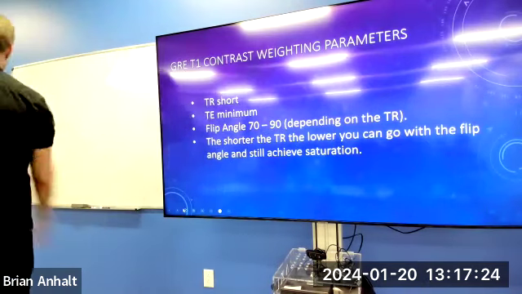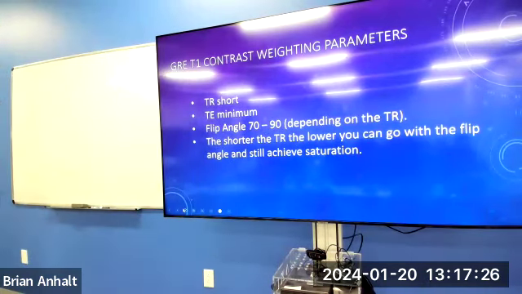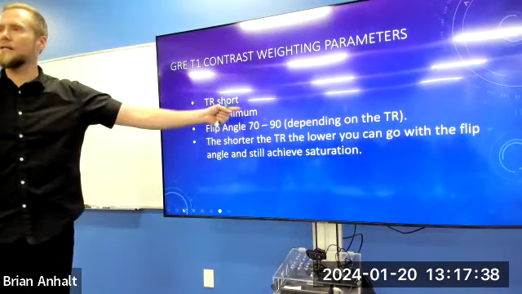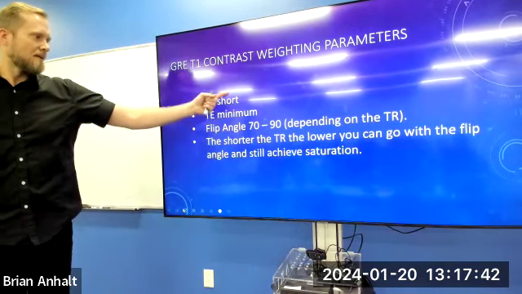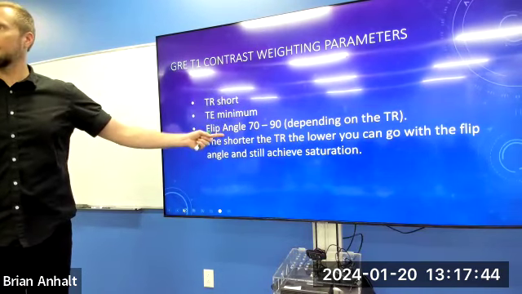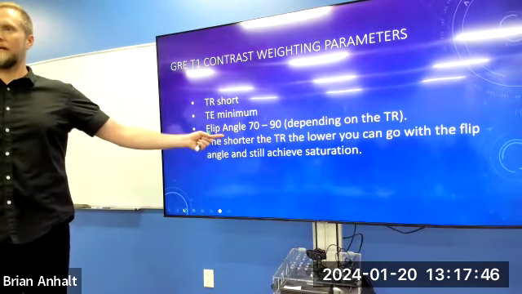Here are parameters. Once again, TR is short. So somewhere, let's say, if you guys need numbers, say from 5 to 500. It's always short. Our TE, as low as you can get it. Our flip angle is going to be high, 70 to 90.